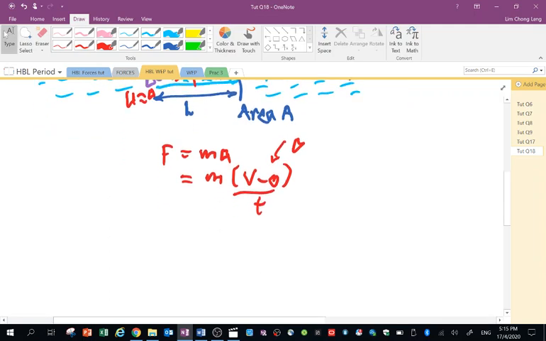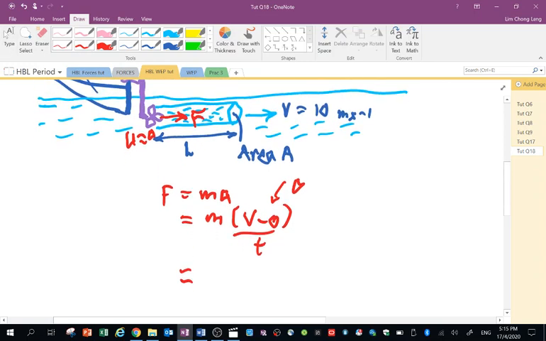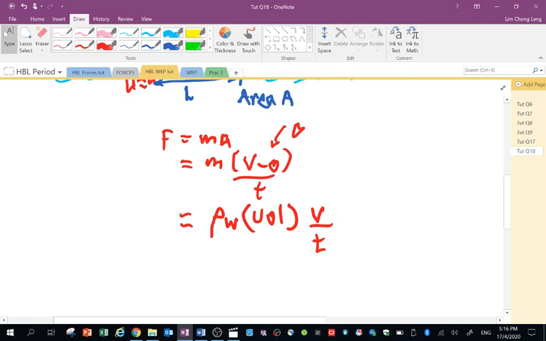Then I will now modify this equation. Referring to the cylinder of water, the mass of this cylinder of water is equal to the density of water times the volume of the water cylinder, then multiplied by v divided by t. Then I can actually put in more values.